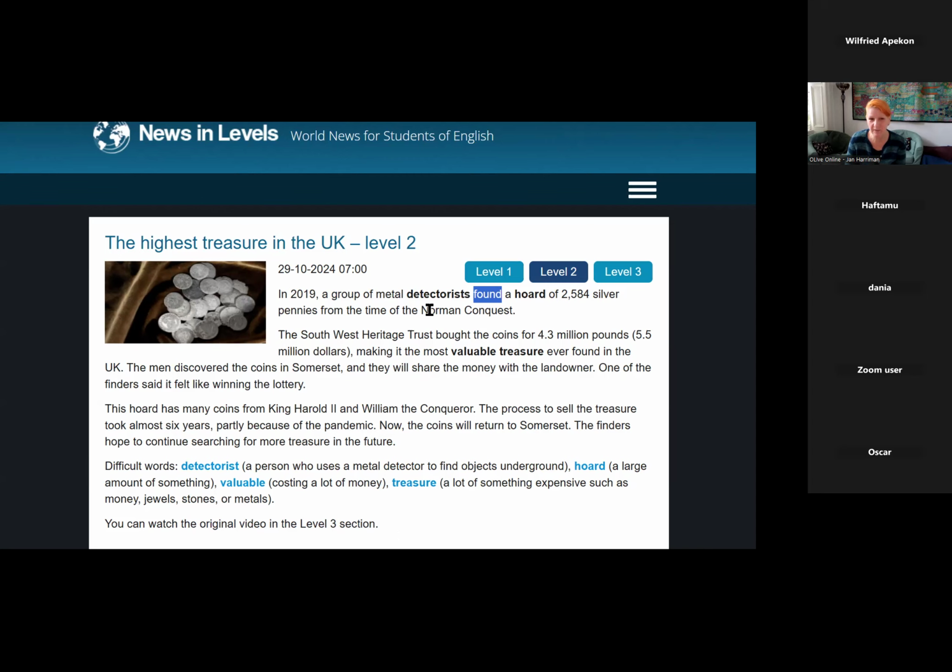A group of metal detectorists found. When did they find it? Oh, that's in a little prepositional phrase at the beginning. In 2019. What did they find? Silver pennies. And what was interesting about them, they were, and here we have a prepositional phrase again, from the time of the Norman conquest. Do you see how we've got a more complex sentence there?